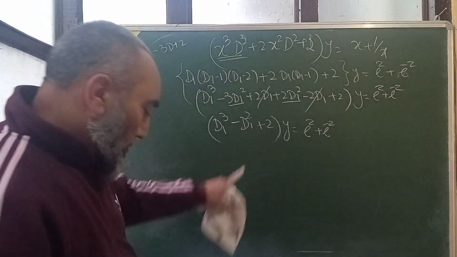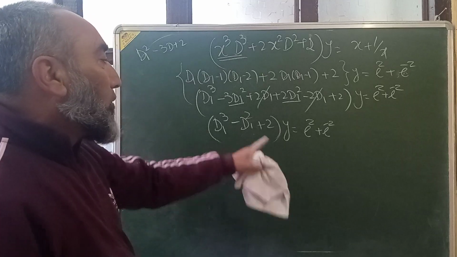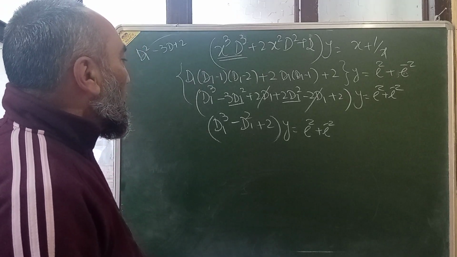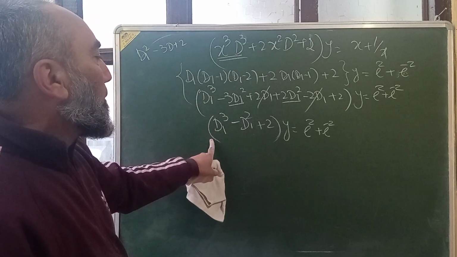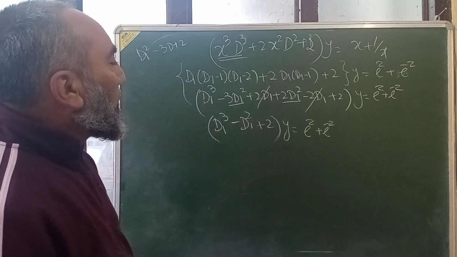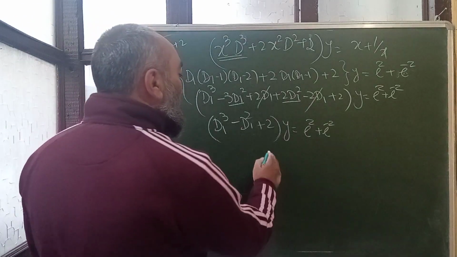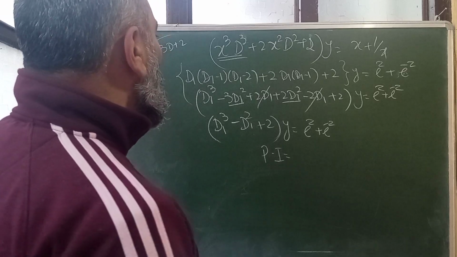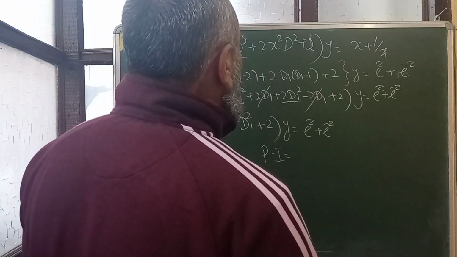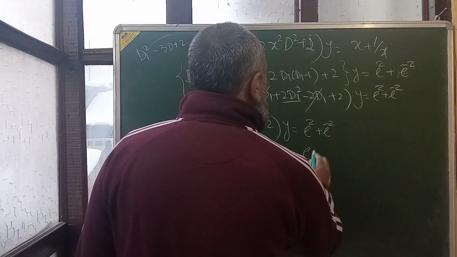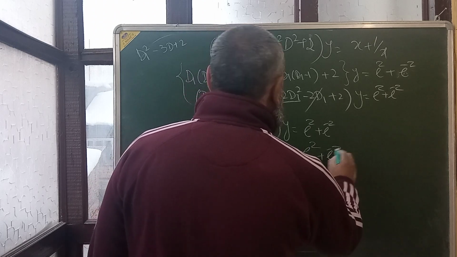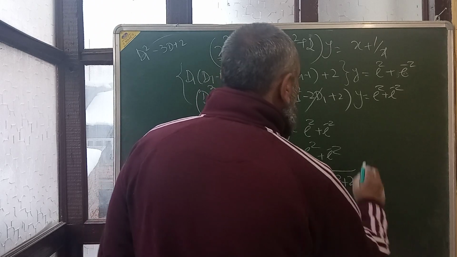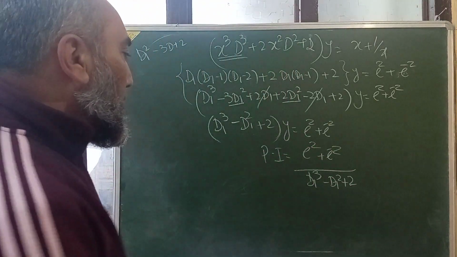Now this is an auxiliary equation, you can find it. Particular integral is (e^z + e^(−z)) upon (D₁³ − D₁² + 2). Okay, do it.